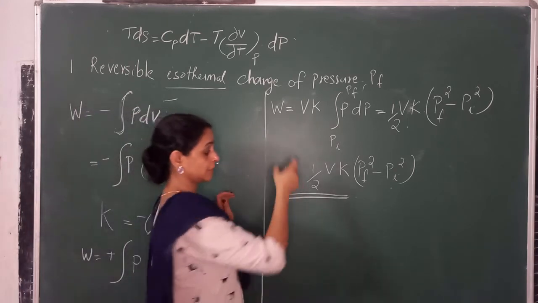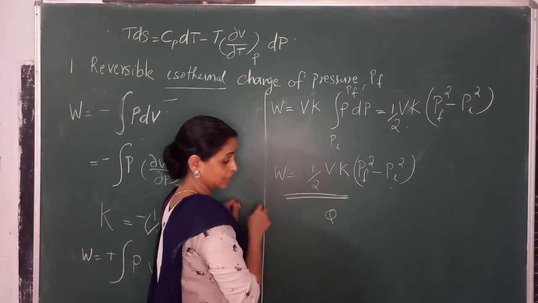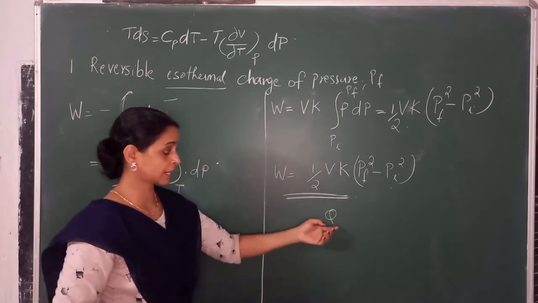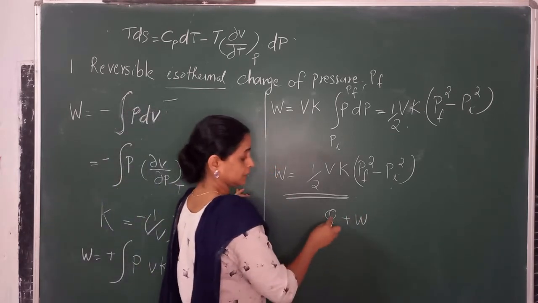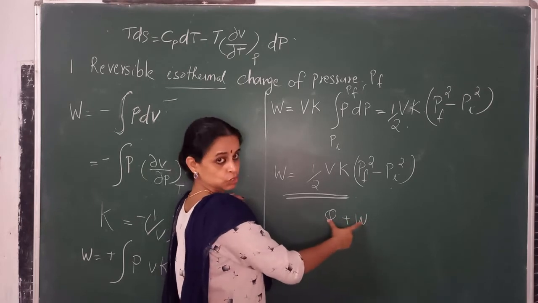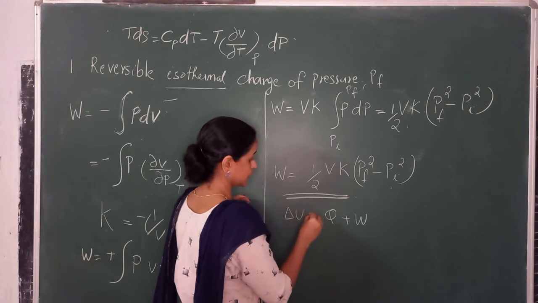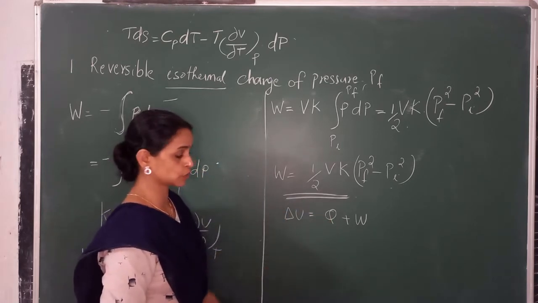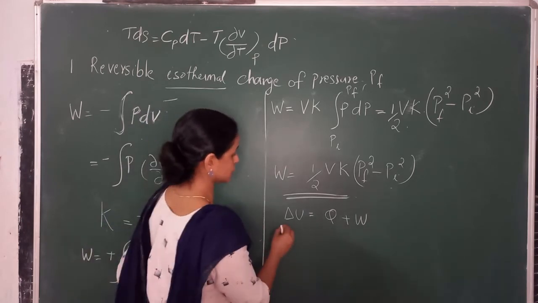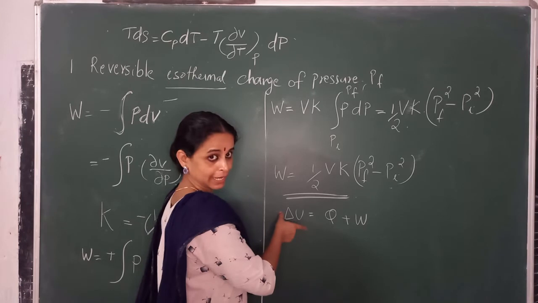So we have derived Q in the earlier derivation, and also here we have derived W. Then the difference between these two will actually give the delta U, that is UF minus Ui, the change of internal energy.